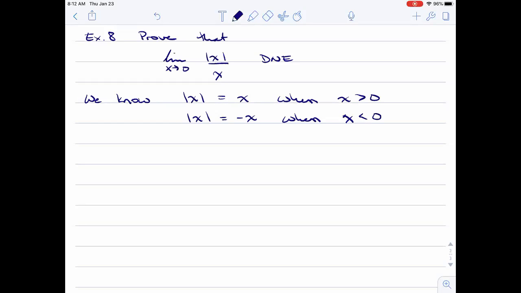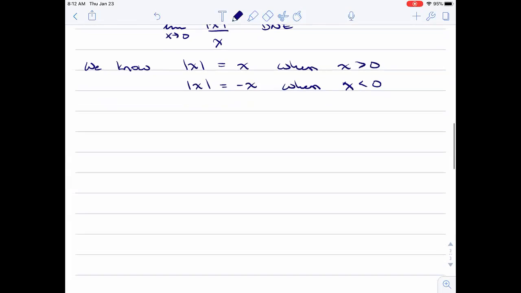We could, it'd be in the top one. So what we can do, if we're approaching x equals 0, then we're coming from the negative side up to 0. From the left, all those x's are negative. From the right, all those x's are positive.